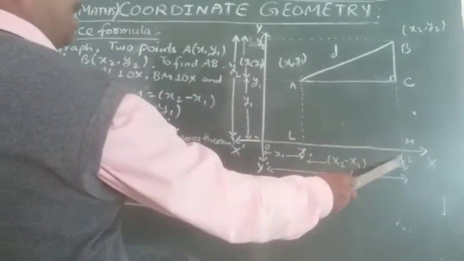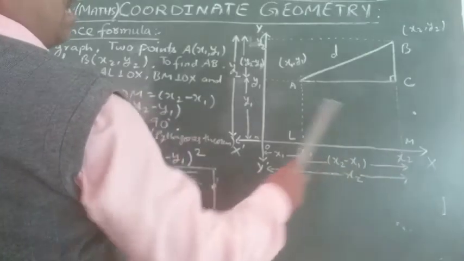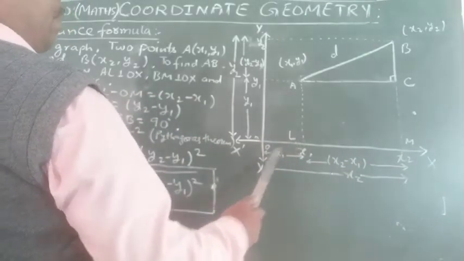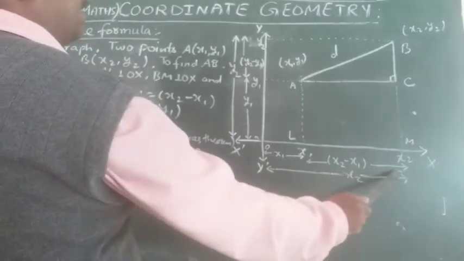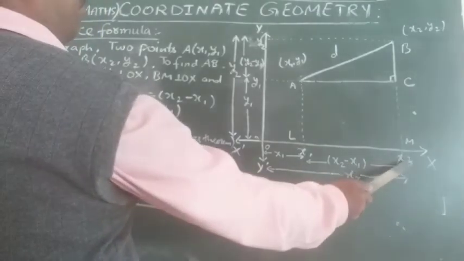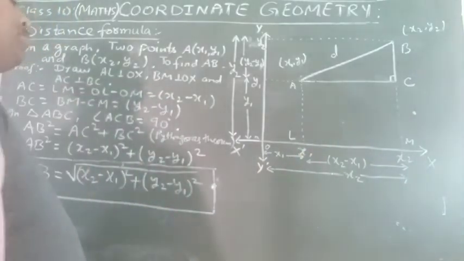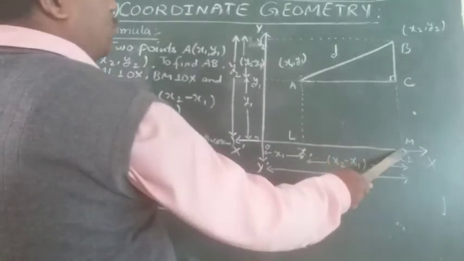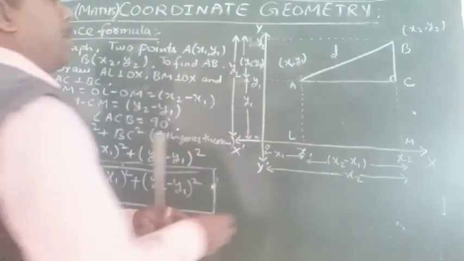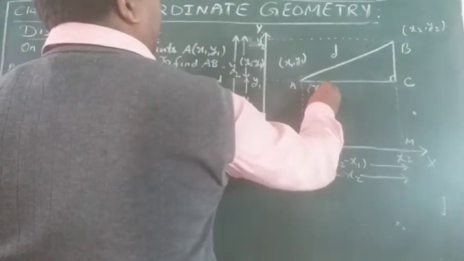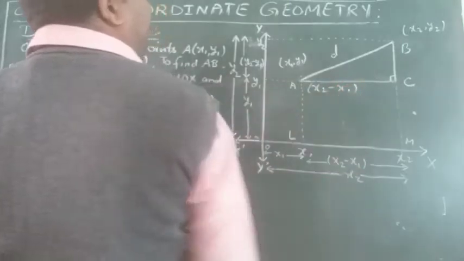The OM distance is x2 and the OL distance is x1. So if you subtract x1 from x2, you get the distance x2 minus x1. The LM distance is x2 minus x1, so the AC distance is also x2 minus x1.